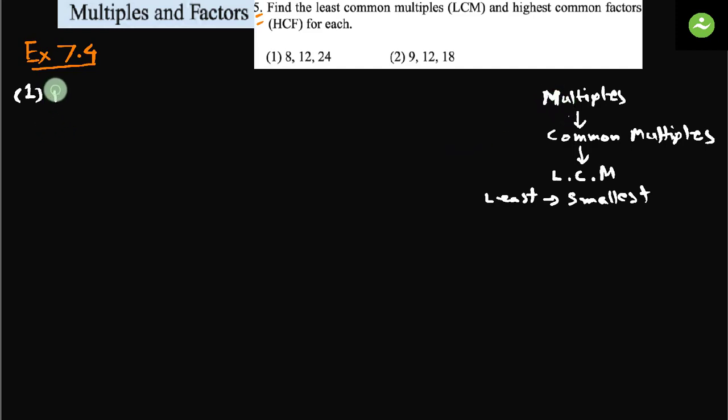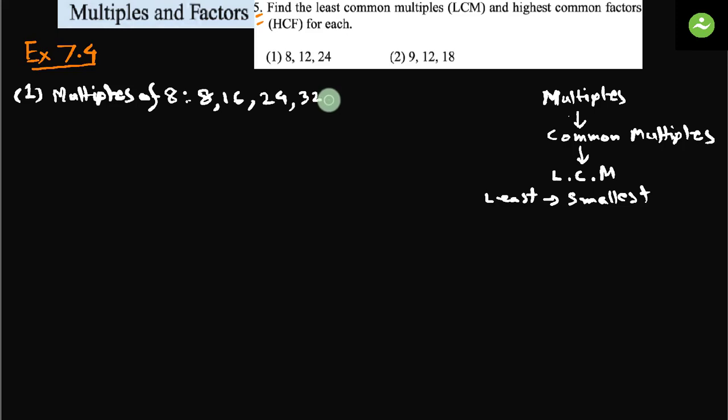So number 1, multiples of 8. How to find the multiples of 8? We just multiply by 1, then it is 8. Multiply by 2, 8 into 2, 16. 8 into 3, 24. 8 into 4, 32.